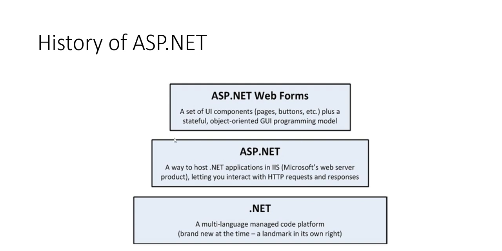After that, Microsoft made ASP.NET Web Forms on top of this ASP.NET layer. Basically, ASP.NET Web Forms are a set of UI components, pages, buttons, grids, lists, etc., plus a stateful object-oriented GUI programming model.